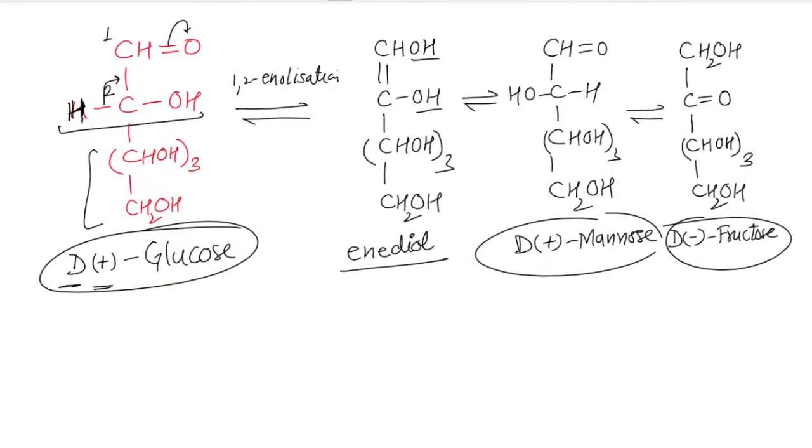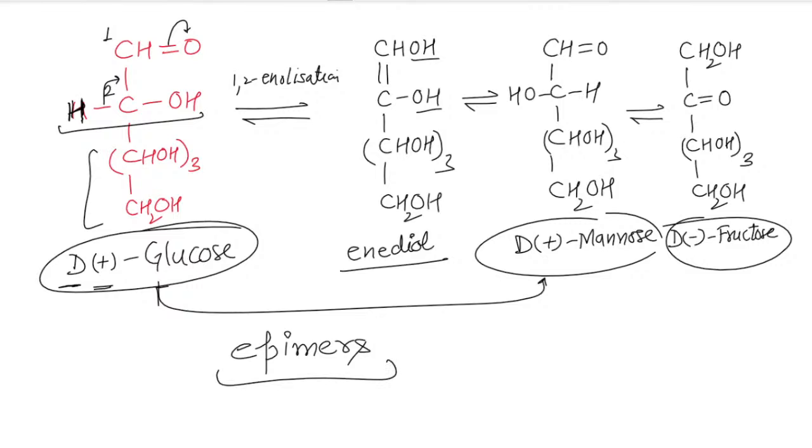No, beta, racemic mixture is something different. Racemic means if there are mirror images, glucose and mannose are not mirror images, they are epimers. Yes, new term.